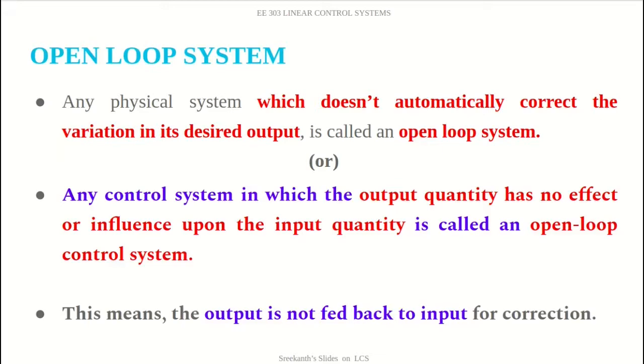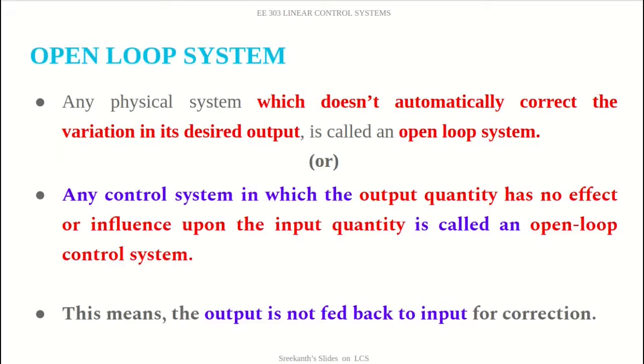What is the desired output? We want clean clothes. That is the desired output. Now how do we know whether the system is an open loop system or a closed loop system? One way of checking is to ask: does the input vary depending on the output?